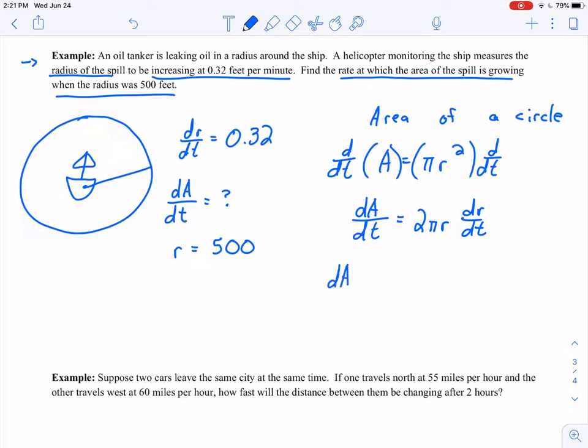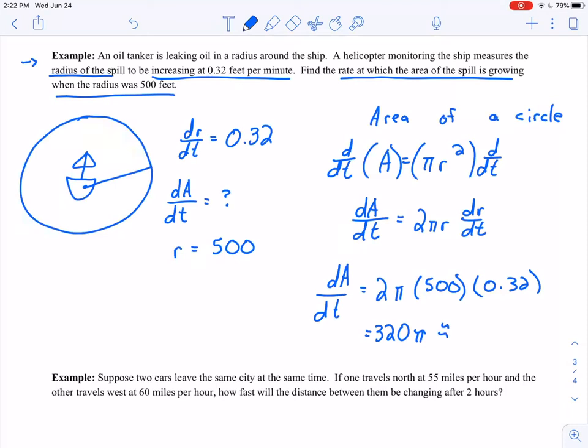So dA/dt is equal to 2 times pi times r, we said that was 500, times dr/dt, we said that was 0.32, and after that we're just simplifying that right-hand side. So 2 times 500 would give me 1,000, times 0.32, this is really 320 pi.